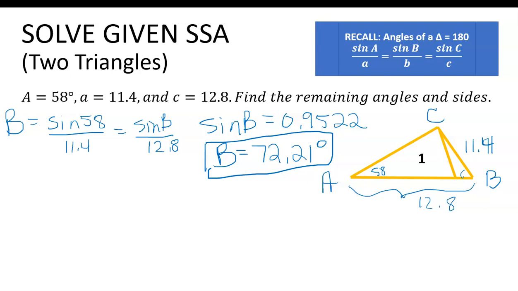So 180 minus 72.21 is going to give me 107.79. And you'll see that comes from our other triangle that we are making. Keep that number in mind because we will be using that later.